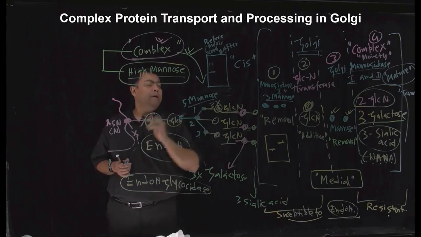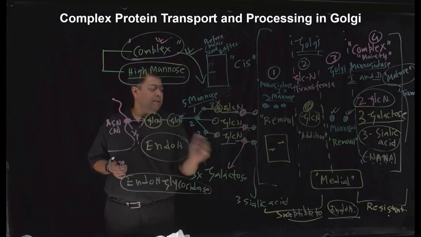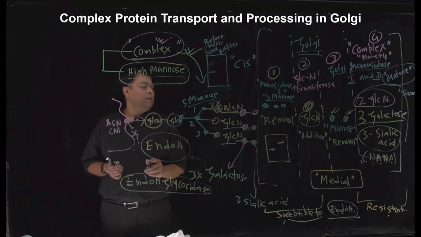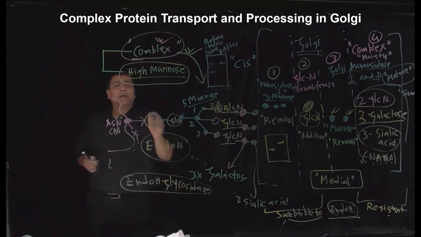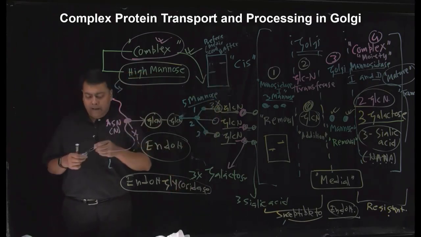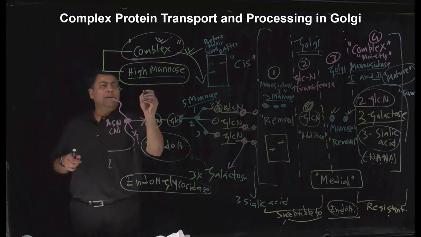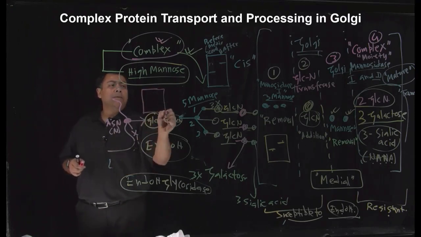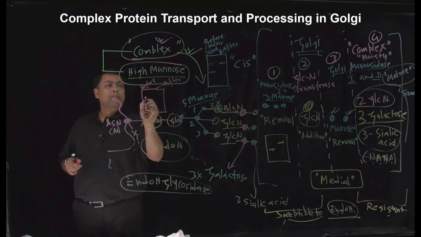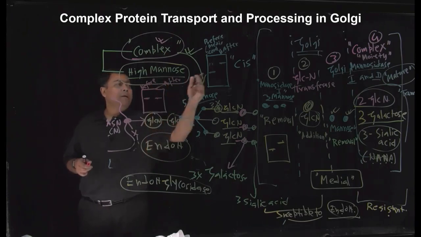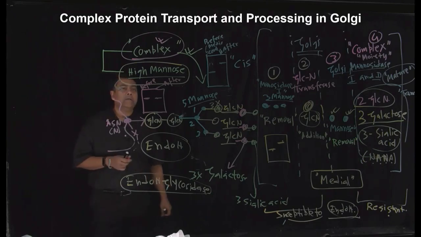Before the medial Golgi, the molecular weight is less because it was susceptible to endo-H, and after that it will be like this. On the other hand, if I run a gel of high mannose like this, it's going to be the same. So this is before medial Golgi, and this is after medial Golgi. In both cases, it will be digestible by the endo-H.